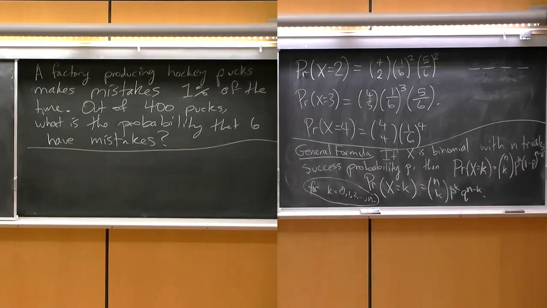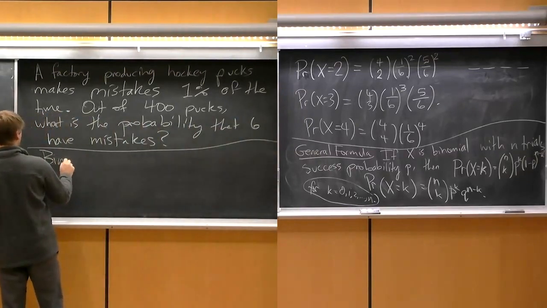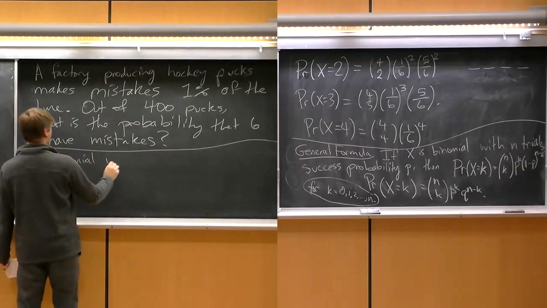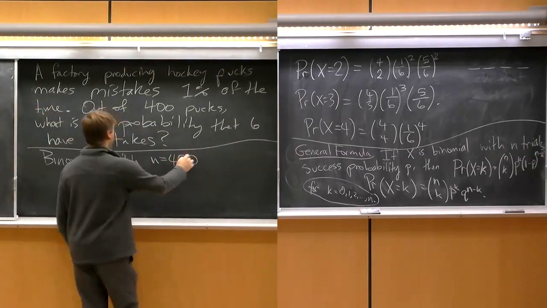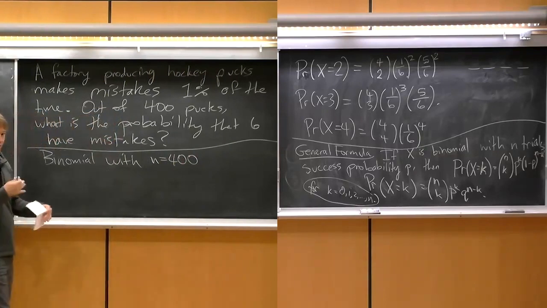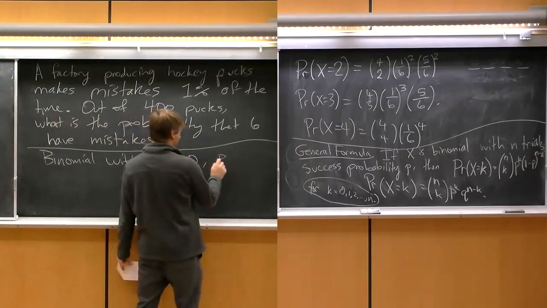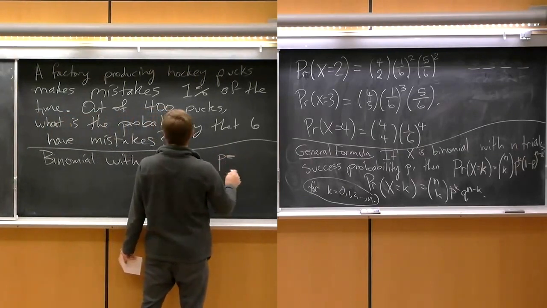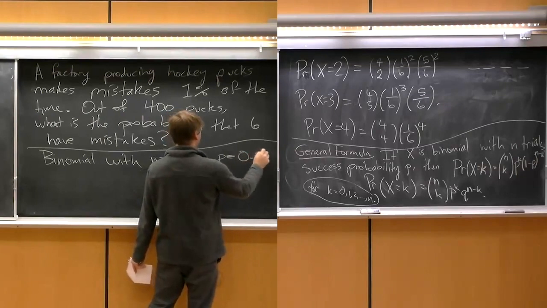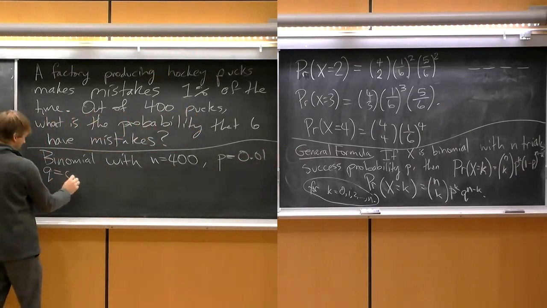So this is binomial with n being 400, right? That's the number of pucks, so that's the number of trials. Let's say that we consider a success to be a mistake. So p is 0.01, q is 0.99.